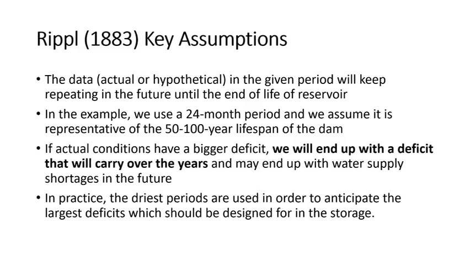So for example, what we used in the example is a 24-month period worth of data. So we assume that this 24 months of data is representative of the 50 to 100 year lifespan of the dam. So this is a big leap of faith here. We are just using 2 years of data to represent what will happen in the dam within 50 to 100 years.